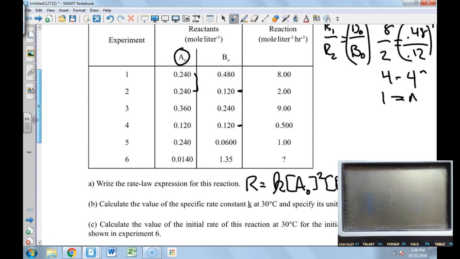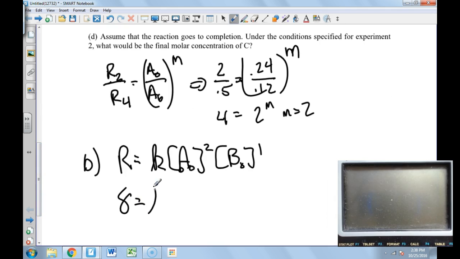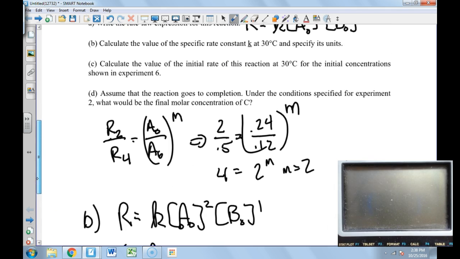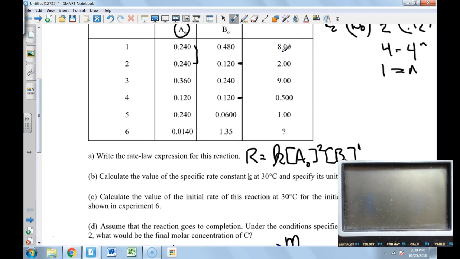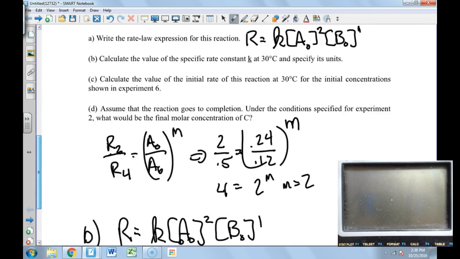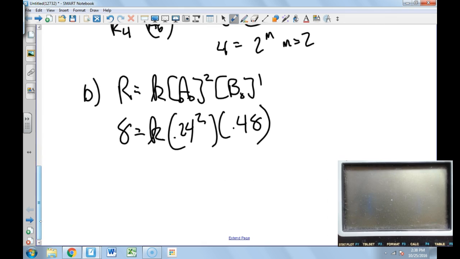The rate for experiment 1 is 8, and K is what you're solving for. And then it's 0.24 and 0.48, so it's 0.24 squared times 0.48.